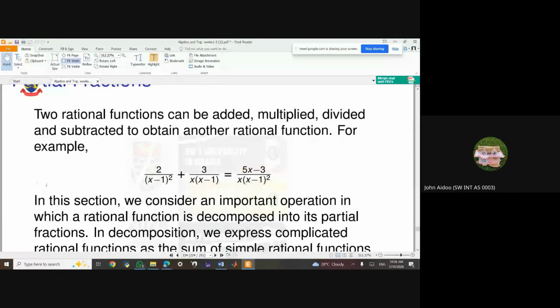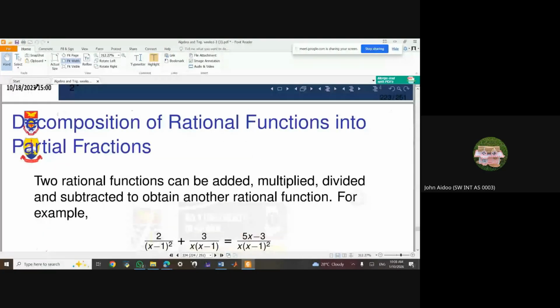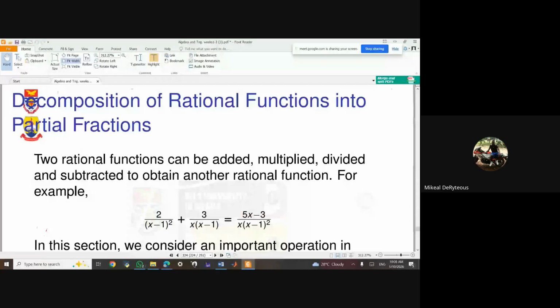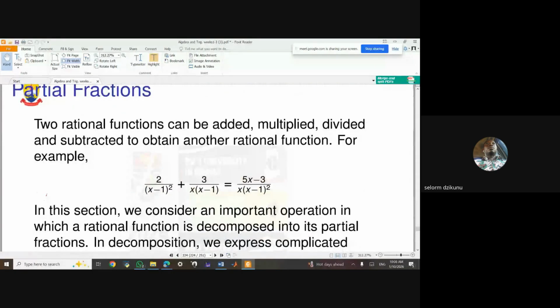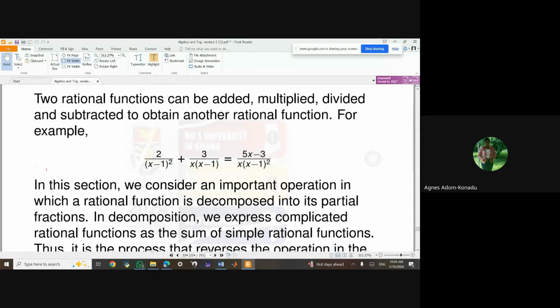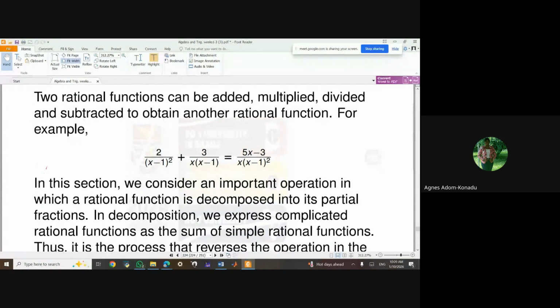Let's continue. We want to look at decomposition of rational functions into partial fractions. Two rational functions can be added, multiplied, divided, and subtracted to obtain another rational function. For example, if I have 2 over (x minus 1) squared plus 3 over x(x minus 1), we can add to get (5x minus 3) over x(x minus 1) squared.